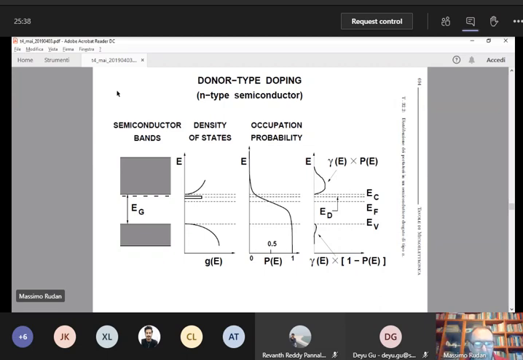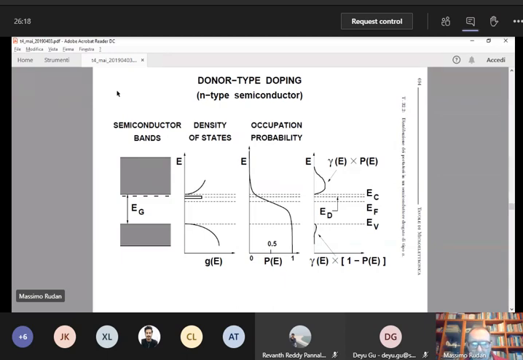So we expect that the population of the electrons of the conduction band in a donor type doped material would be much, much larger than the intrinsic case. This is actually true, and one of the outcomes of this is that, if you have an N-type material, the Fermi level is not anymore in the mid-gap of the semiconductor, but is shifted upwards.